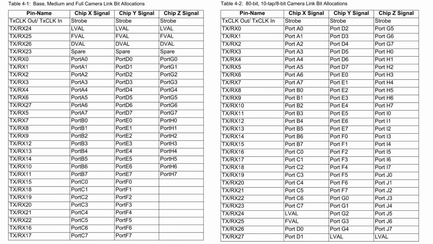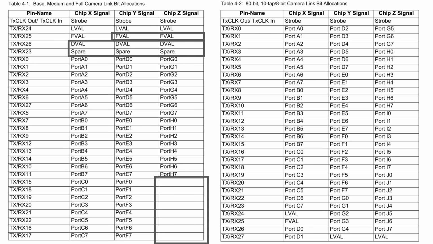So these are the 2 charts. We can see in the Base, Medium, Full, and we can see that these chunks here are not being used. And the other thing that they reuse is the spares, and they don't use DVALs anymore. And they only use 1 frame valid. So when you add all those chunks up, what you get is 16 bits more of data.